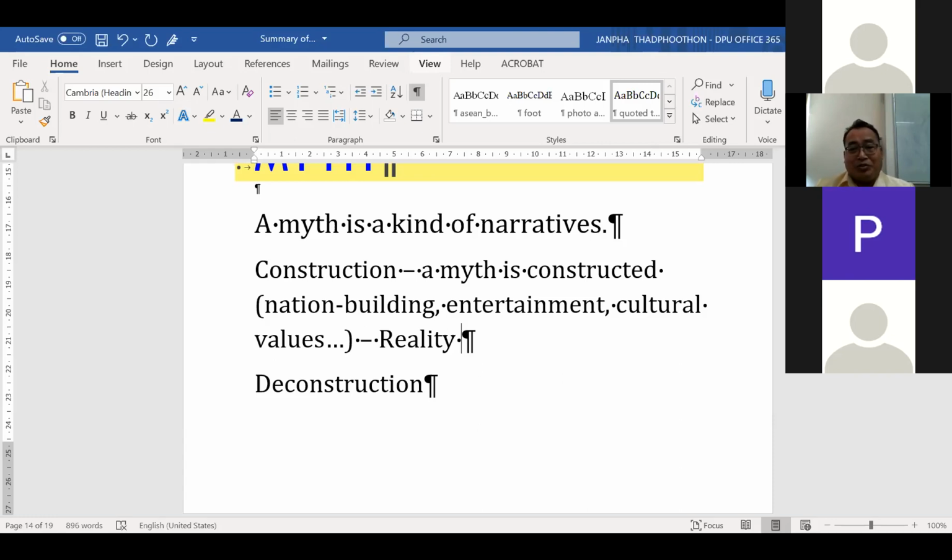I don't want to go into detail, but reality is mediated by your history. So you do not see things as they are.